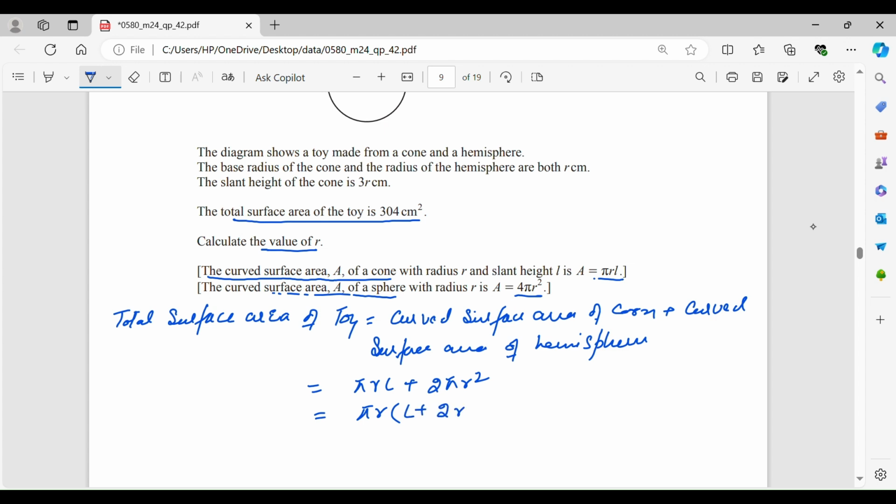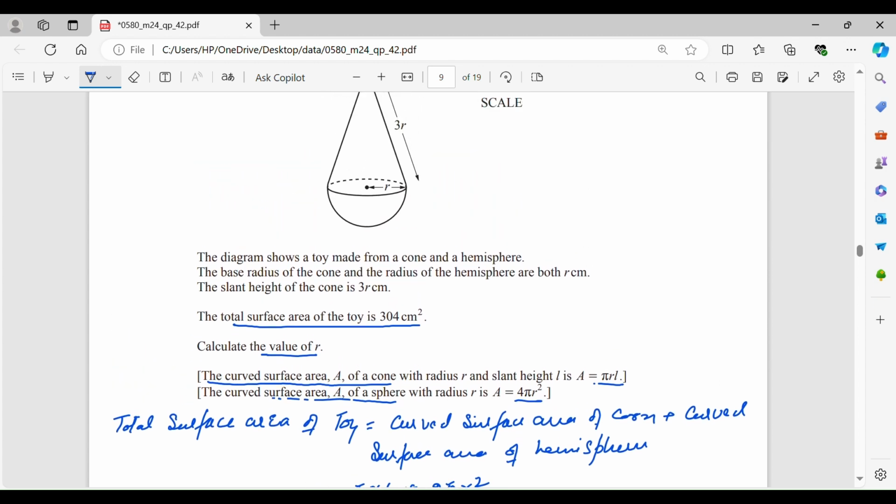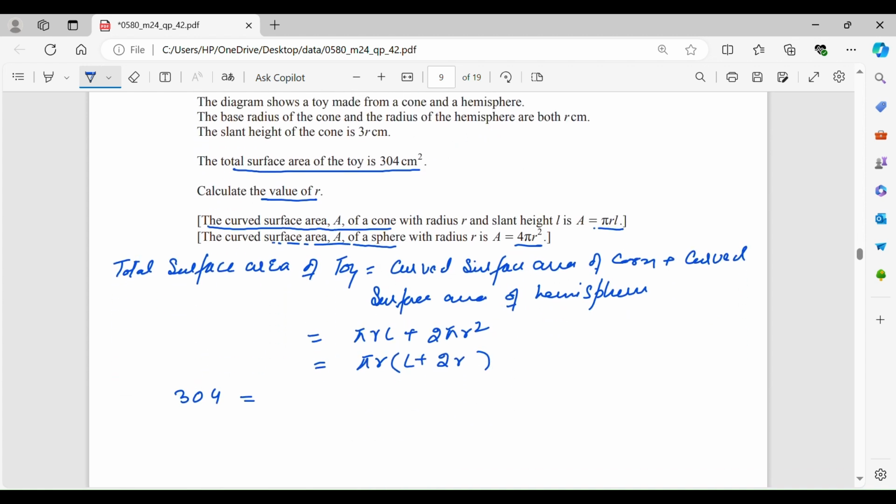Now the total surface area is given as 304, and the slant length l is given as 3r. We will substitute in this: pi r bracket 3r plus 2r. 304 will be equal to pi r into 5r.